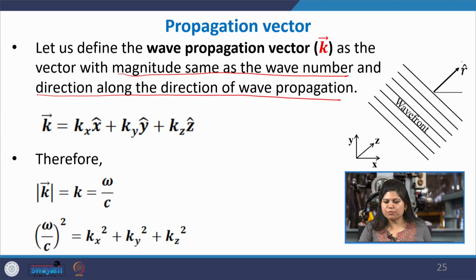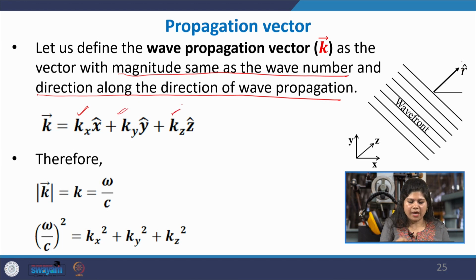Here the wave is propagating along the direction of r, which means k is in the same direction as r. Because it is a vector, it will have a certain component in the x axis direction, a certain component in the y direction and a certain component in the z axis direction. So, this is our generic representation of this k vector.